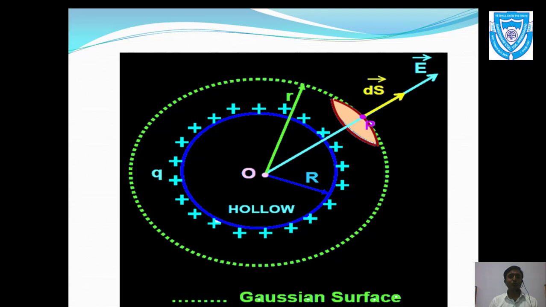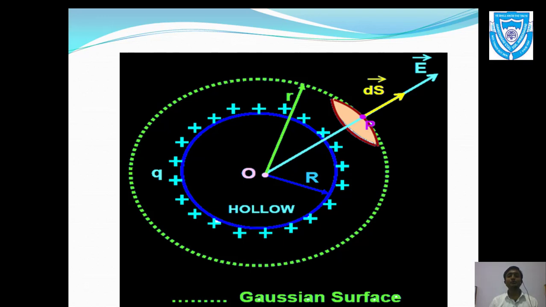Now we have one more diagram for visualization. This blue one is the actual hollow sphere whose radius is capital R. We have to find the electric field intensity at point P. Therefore, we have taken a small area around it which is represented as ds by yellow color. Since there is uniform charge distribution and the total charge on the surface is Q, the electric field lines are radially outwards.